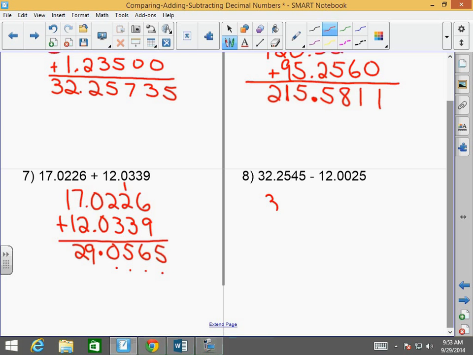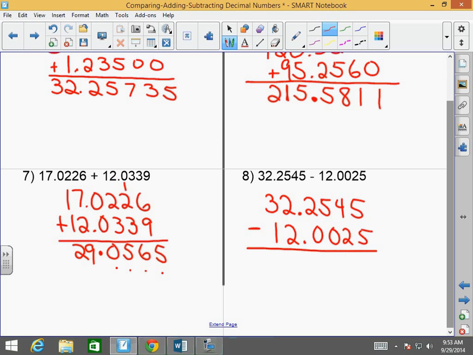Okay, I've got 32 and 2,545 ten thousandths minus 12 and 25 ten thousandths. Hold on. Let's do 0 for my good man. Let's give someone else a chance.